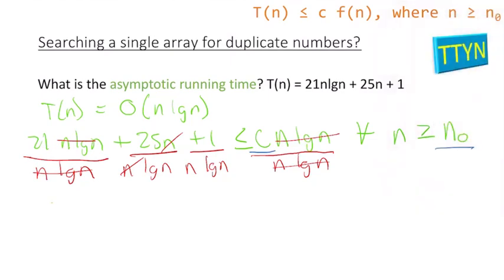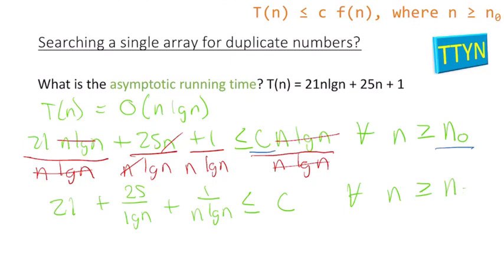So what we're left with is 21 plus 25 over log n plus 1 over n log n is less than or equal to some constant for all values of n greater than or equal to n naught. Alright, well, what I like to do when I've got my value n here in the denominator, because remember, we don't want a final value for c that includes n.